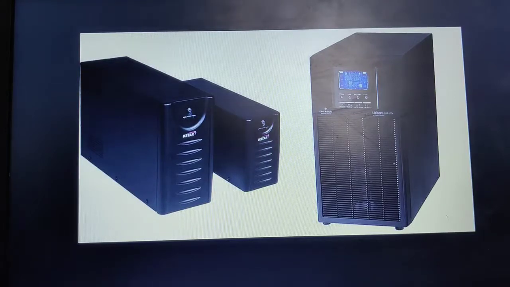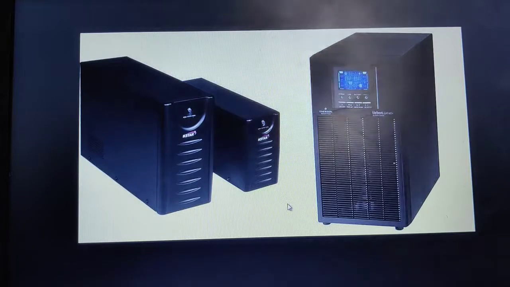Then let us discuss the standby UPS, which may also be called the offline UPS. Here it monitors the power line and switches to battery power as soon as it detects a problem. This means what? If your computer system is connected to the offline UPS, when there is a power supply, the power will flow directly from the electrical socket to the computer system.